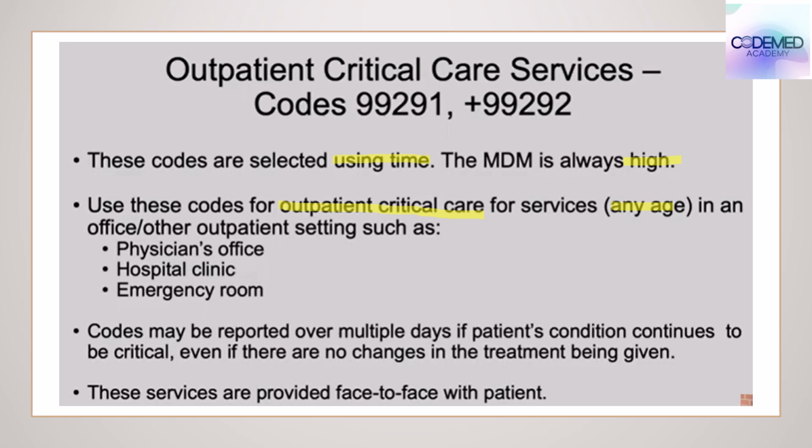So basically, when you see that the patient is not admitted, or is an outpatient, or they have used the words physician office or emergency room, we can code it as outpatient critical care.